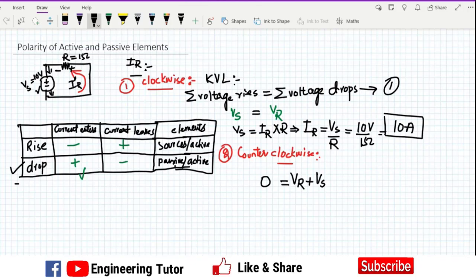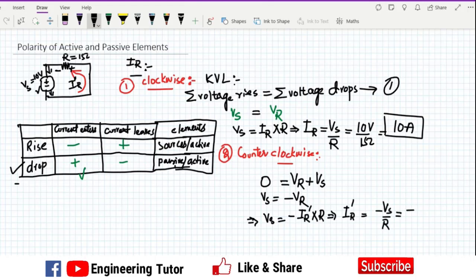By allocating the variables here, we can have V S equal to minus V R, or by writing the values here, we will have minus I R prime multiplied by R, or the value of I R prime here is minus V of S by R.